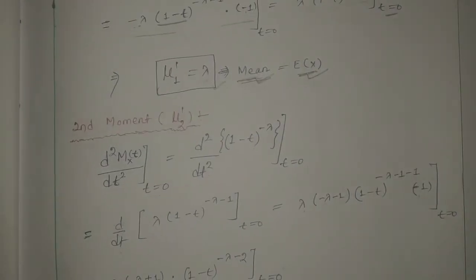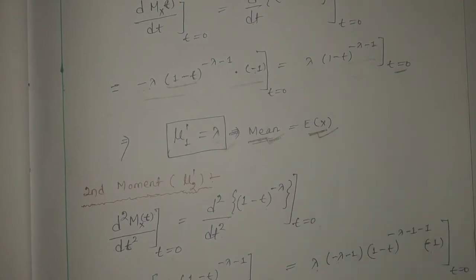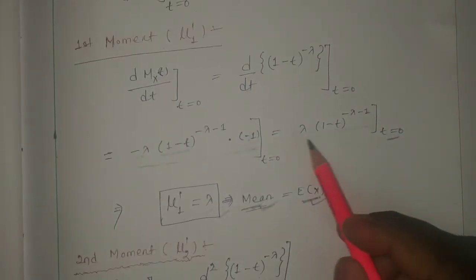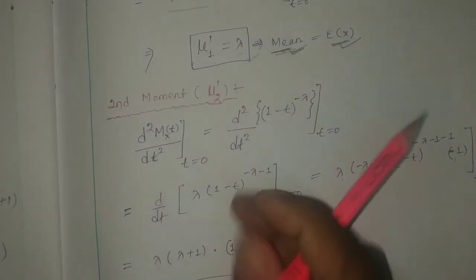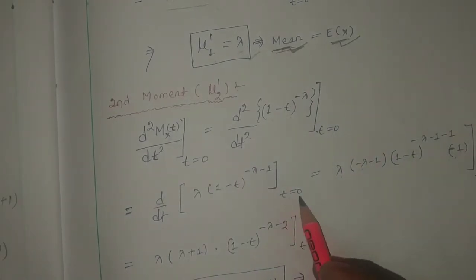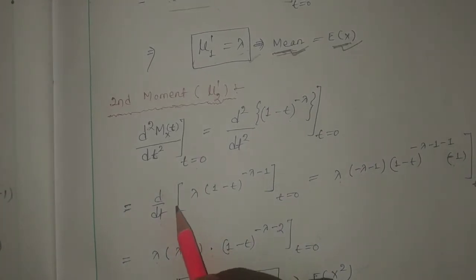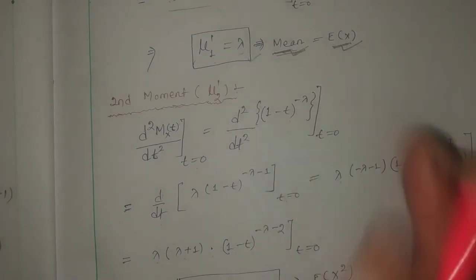So d by dt of the first derivative, which we already found here. I directly substituted this value here. Then d by dt of this one at t equal to 0, right? At t equal to 0 means after doing all the derivatives, then we have to put t equal to 0. You know that one, okay?